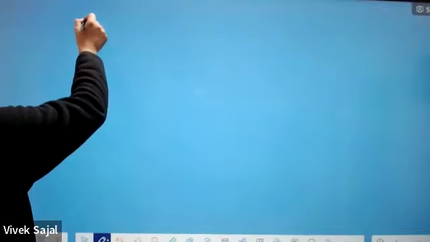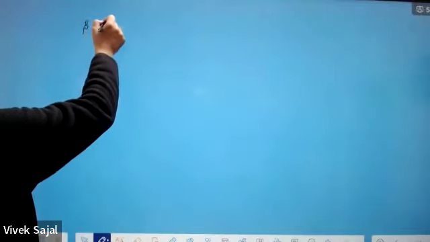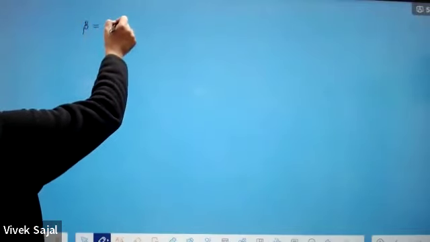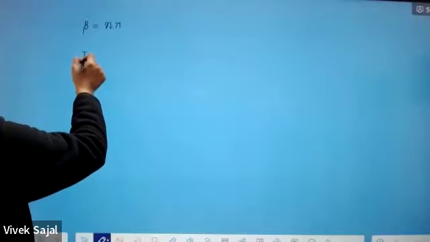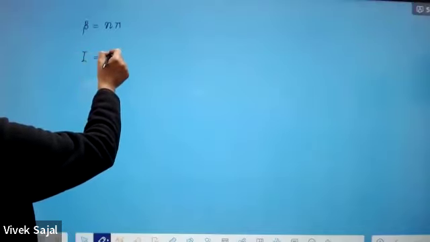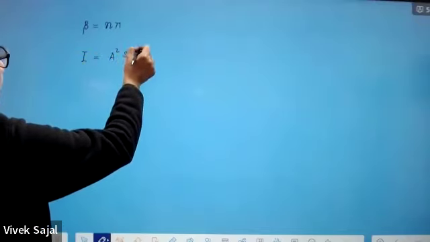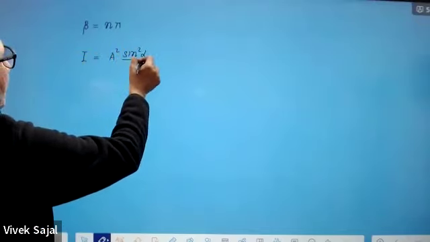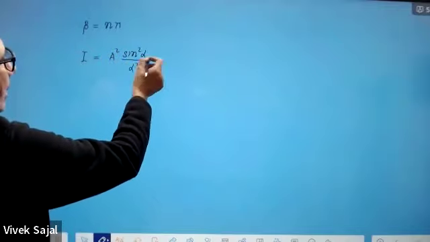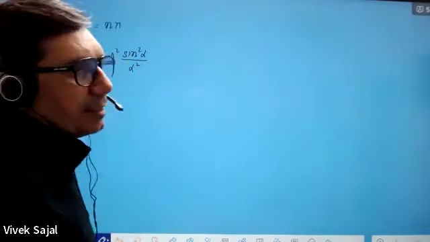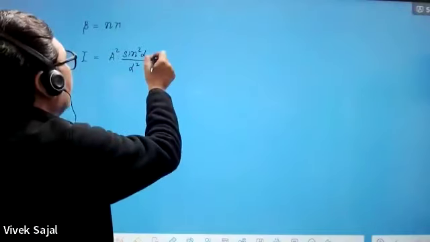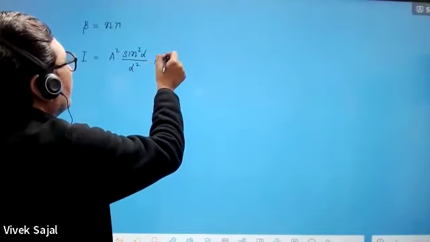So what I'm saying, when beta is n pi, then intensity will become a square sine square alpha upon alpha square, and here you are going to write plus minus n and square of that, so this will be n square.